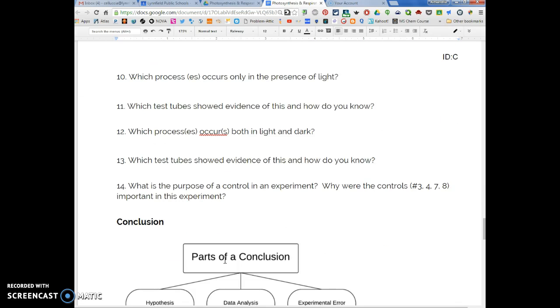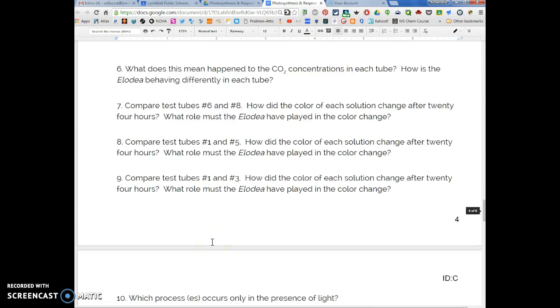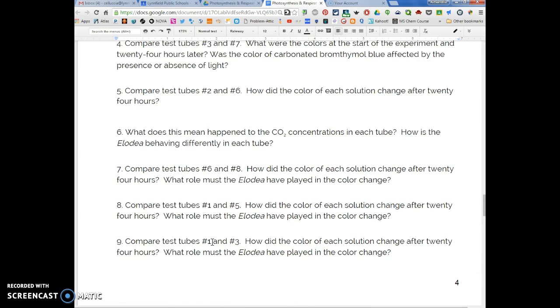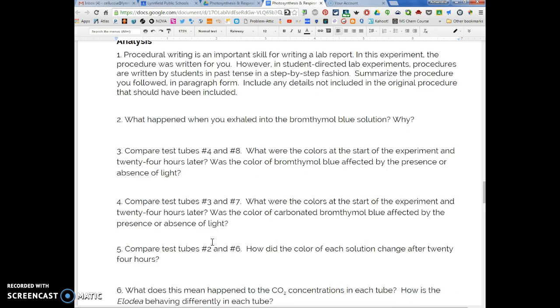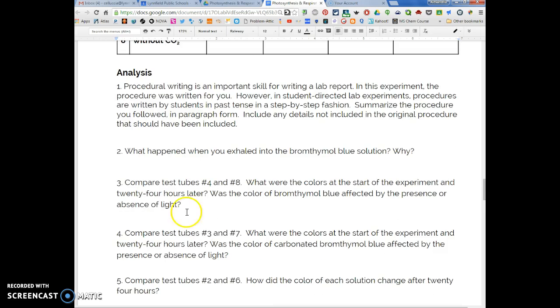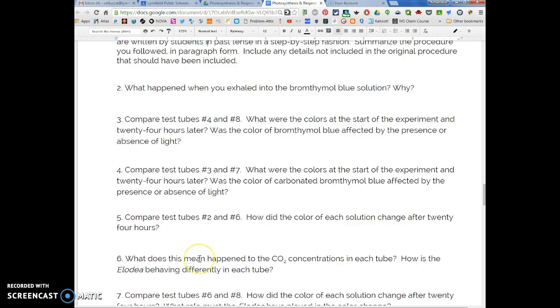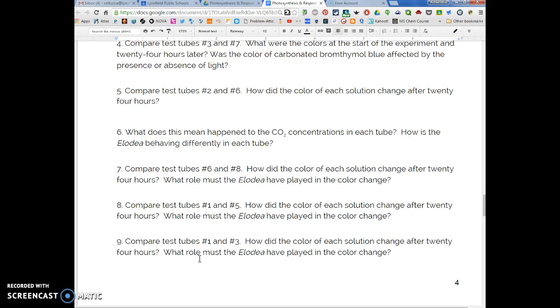There are 14 analysis questions. Tonight, I'd like you to try to focus on questions 1 through 9 to split up some of the work, knowing that you should probably get at least 3 of the questions done in class. That would leave you with about 6 for homework.